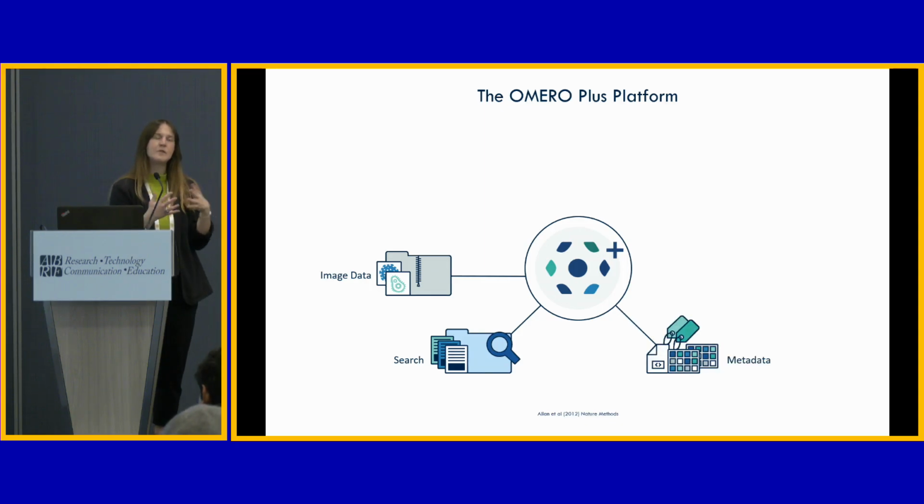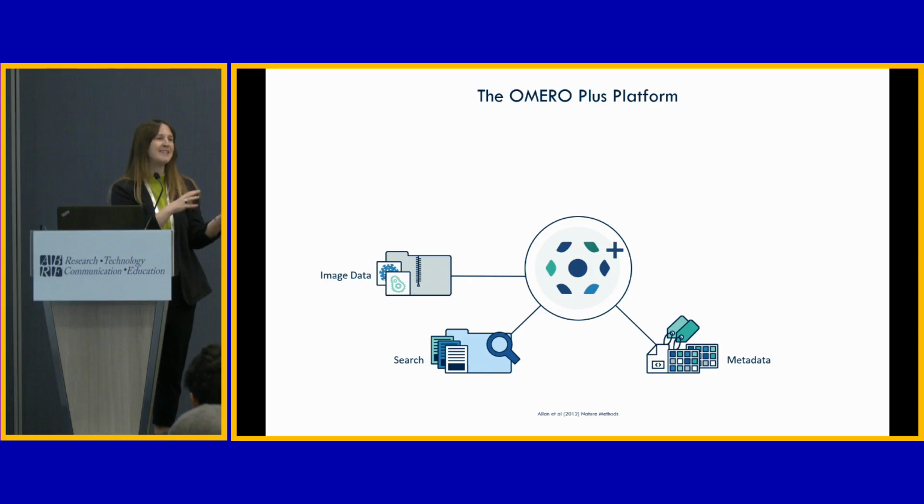And metadata. So that metadata could be metadata from the original file. There's lots of really essential metadata in those proprietary file formats that describes the laser power, the stage position, maybe the temperature, various things about that acquisition. But there's other metadata that may not exist in that file. Maybe it's in an electronic lab notebook or a LIMS system. Maybe it's written down on a paper towel.